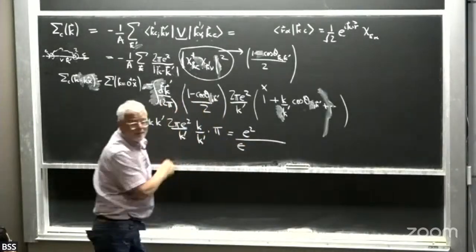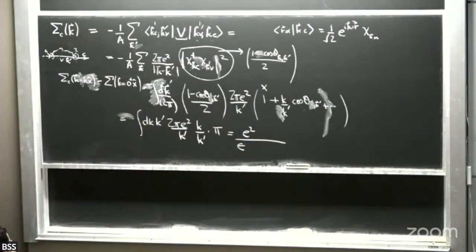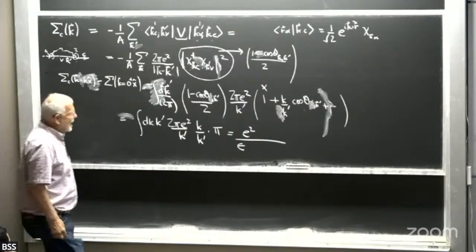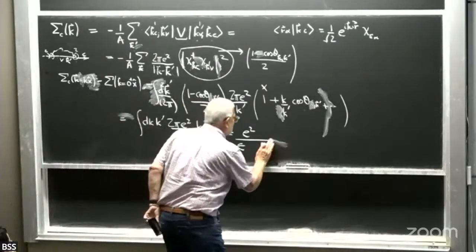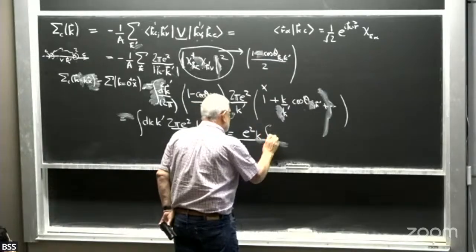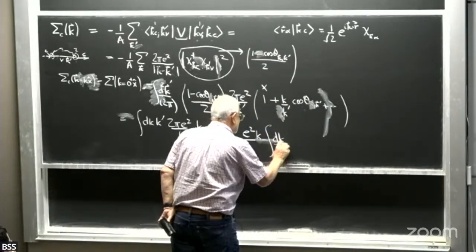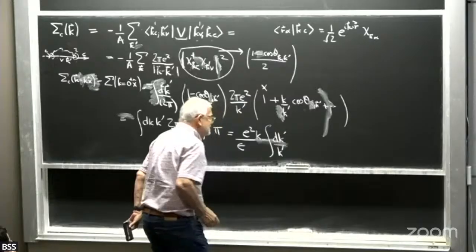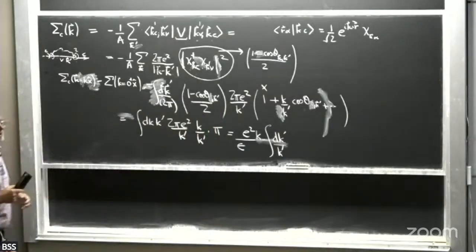Typically there is some dielectric screening, as already been mentioned, which I can restore in the background. It's linear in k, and it's the integral dk prime. I've gathered together powers of k prime, 1 over k prime. So I have a logarithmically divergent integral.